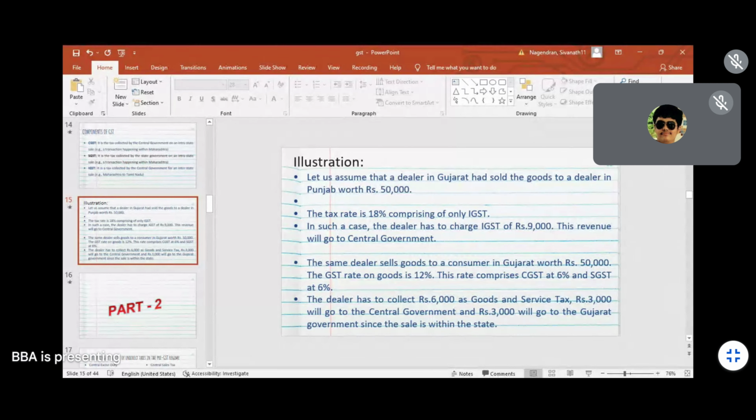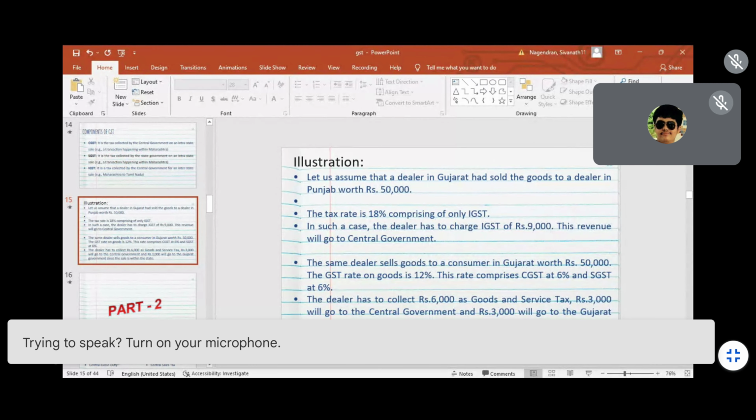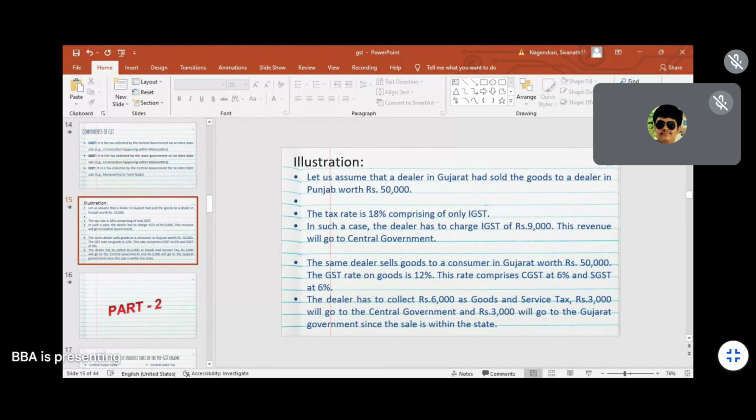Okay? Because we are selling the product from one state to another state, we levy IGST, integrated GST. 18% is the tax rate, so 9,000 is the IGST that has to be paid by the particular dealer. Okay, suppose the same goods are sold by dealer A to dealer B who is in Gujarat itself, that is, a sale within a state.